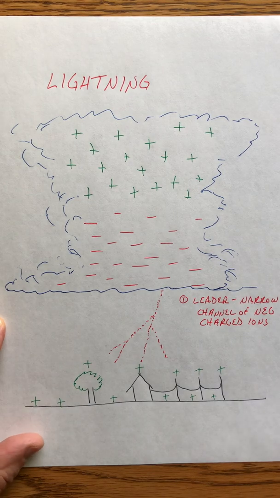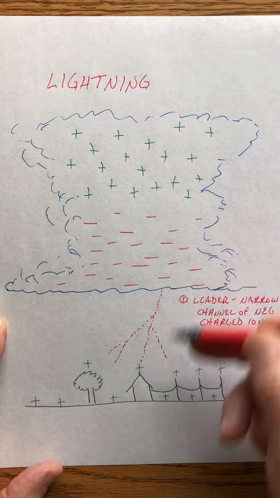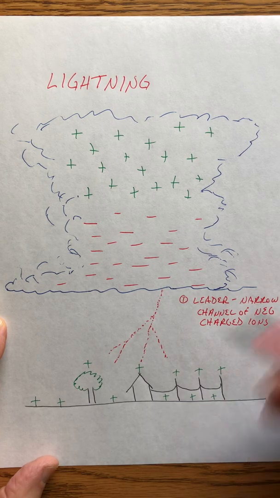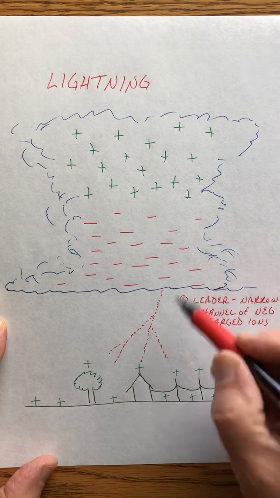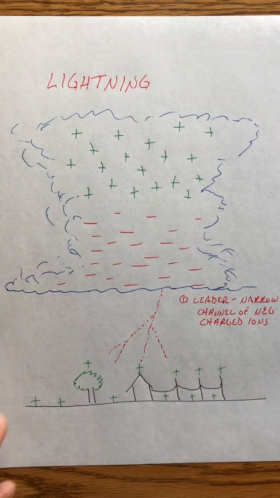And okay, so the leader, a narrow channel of negatively charged ions, surges down towards the surface. This is not a lightning bolt yet. This is just negatively charged ions surging down towards the surface.